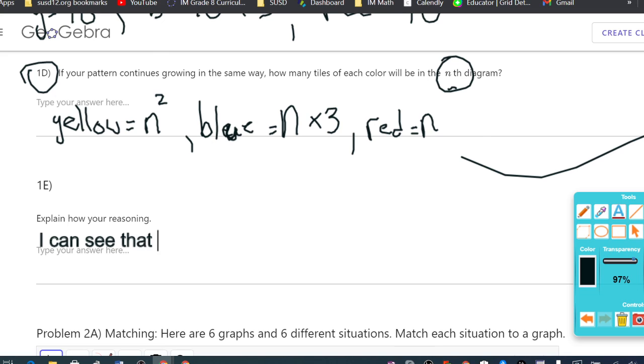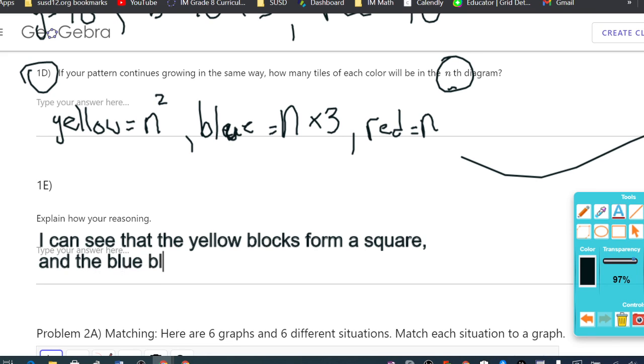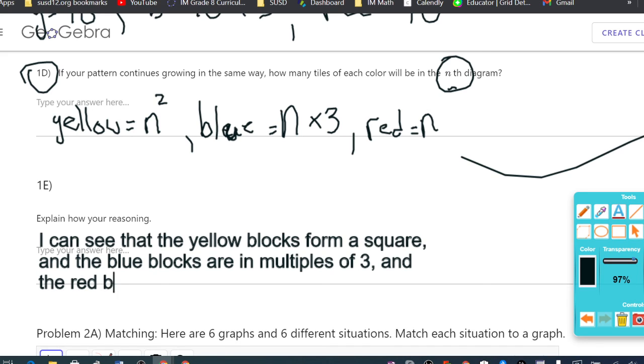I can see that the yellow blocks form a square, and the blue blocks are in multiples of 3, and the red blocks just increase by 1 each time, each n.